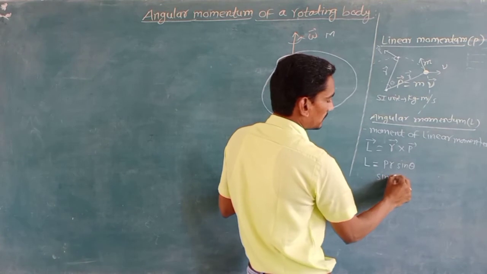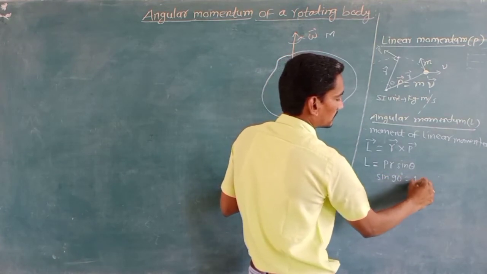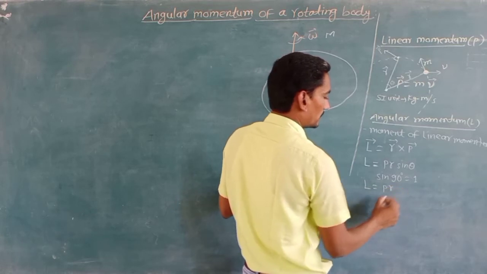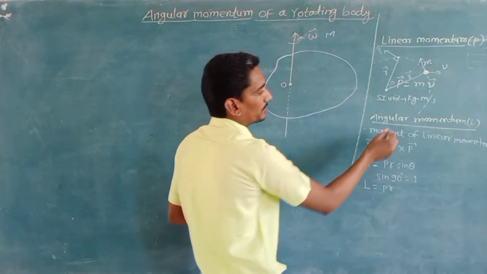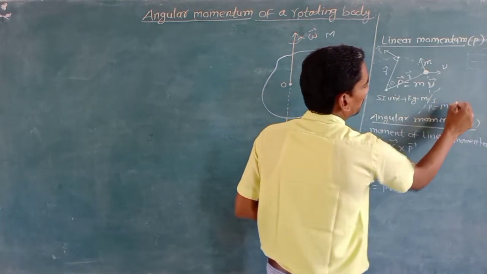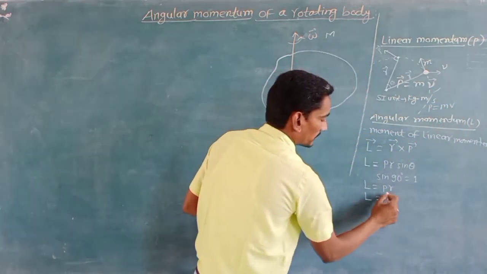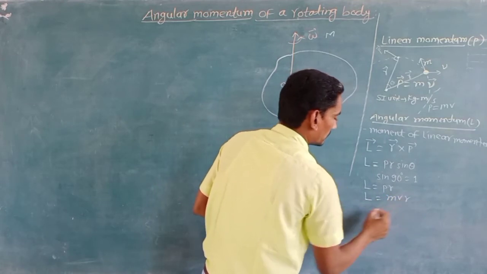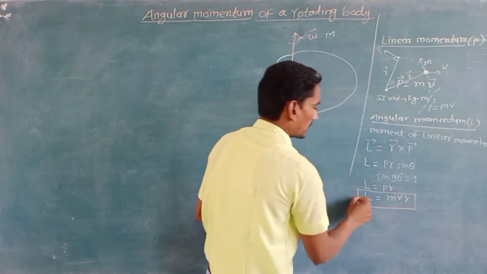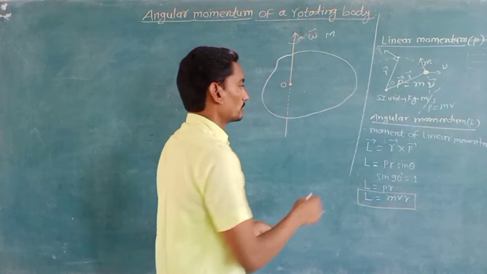So sine 90 degrees equals 1, and therefore L equals p into r. But we know that the linear momentum in magnitude is p equals m into v, and therefore angular momentum equals m into v into r. So in magnitude, the angular momentum is given by m v into r.